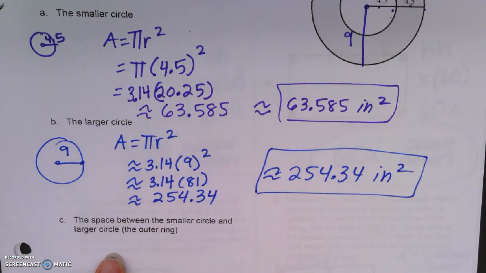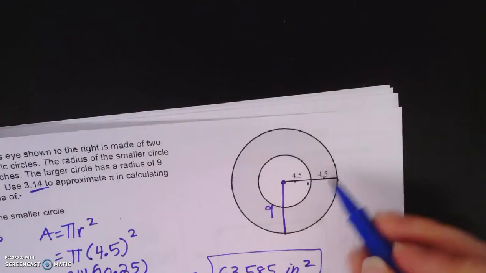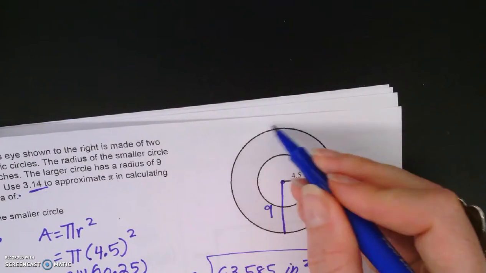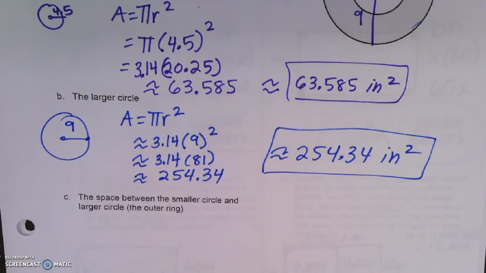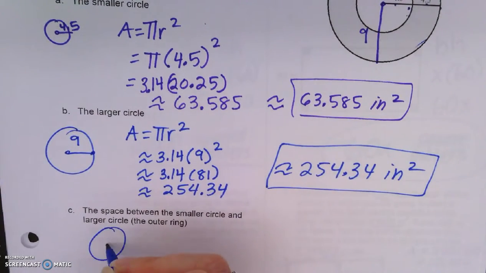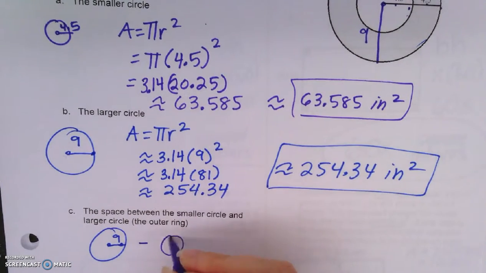And now they want to know the space between the smaller circle and the larger circle, which would be the outer ring. So all of this area here. So if I want to know that, we're going to take the larger circle, which had a radius of 9, and we're going to subtract the smaller circle, which had a radius of 4.5.